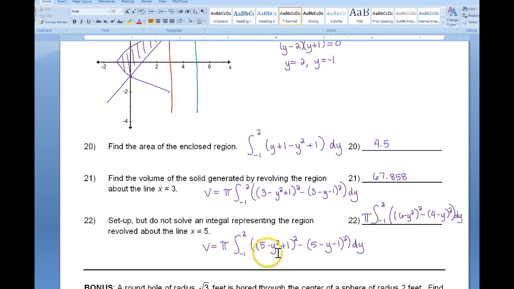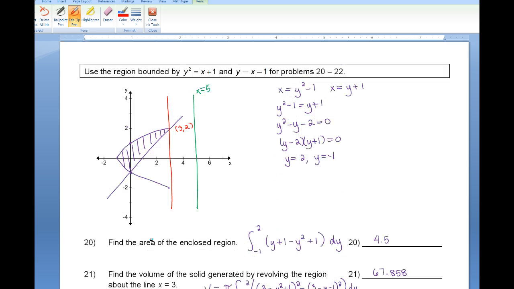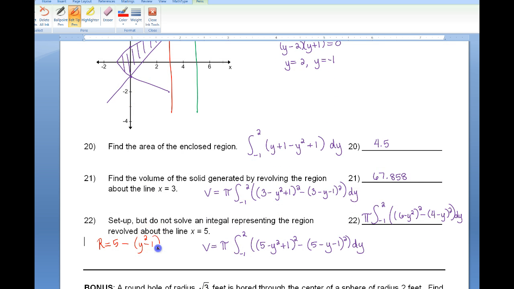To figure out big R, it's going to be 5 minus the curve y squared minus 1. So that's how I got 5 minus (y squared minus 1), or some of you might have combined this to make 6 minus y squared right here. And then the little r is going to be 5 minus (y plus 1). So that's how we get 5 minus y minus 1, which simplifies to 4 minus y.